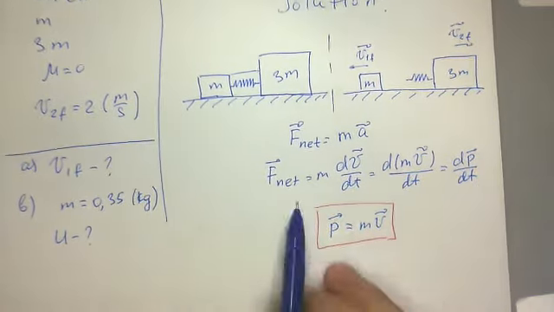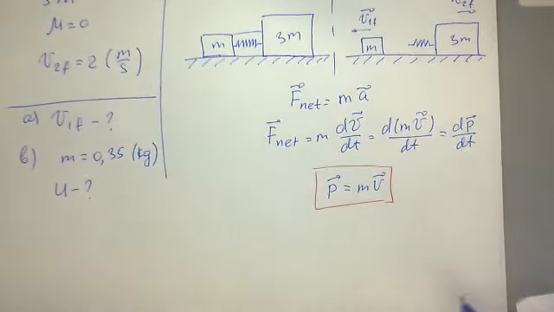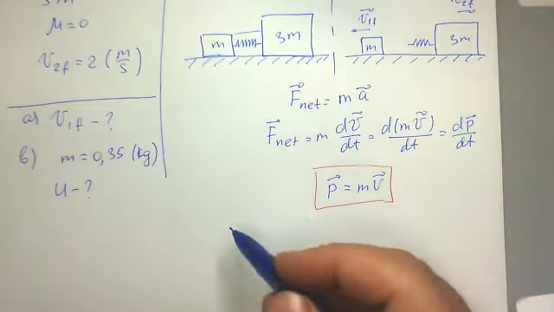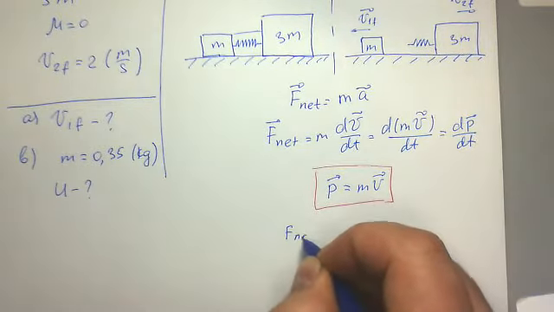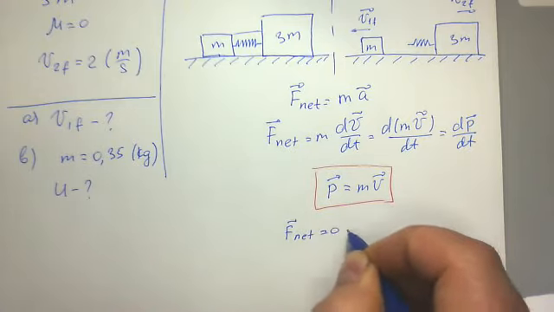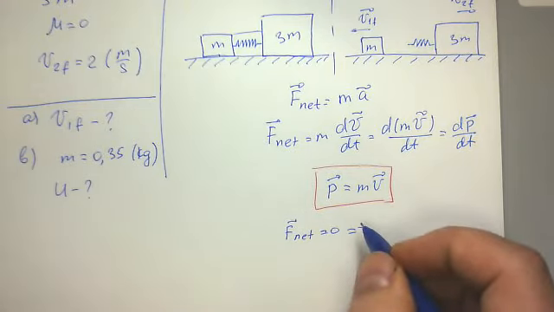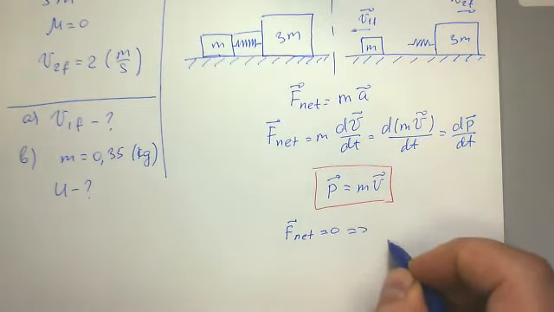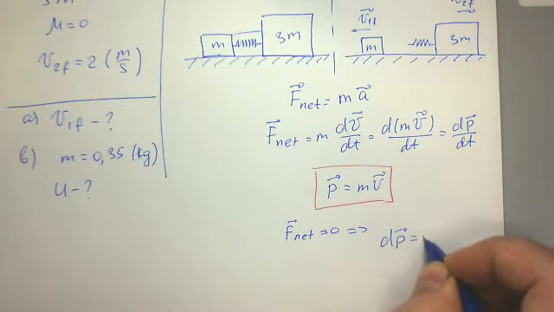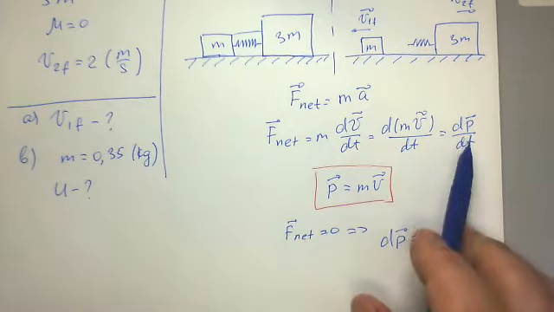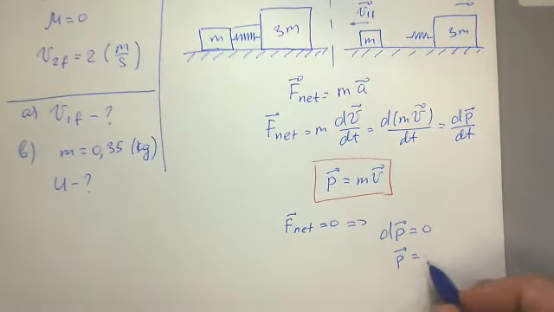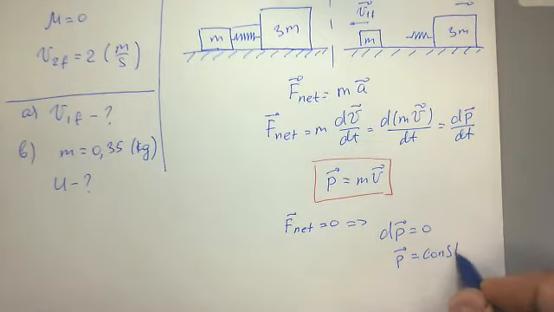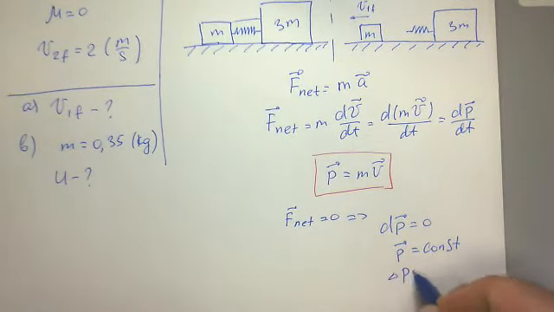So if you look at this equation, if there is no external object acting on the system, or there is no net force, so if net force is 0, then the change of momentum would be equal to 0. So if dp/dt is 0, which means that momentum is constant during the entire process, or delta p is constant, if you wish to say it like that.